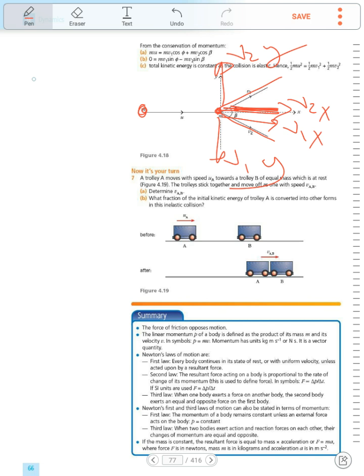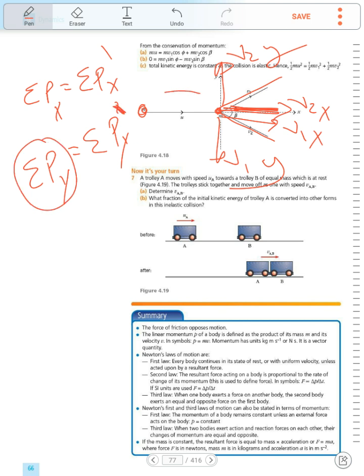And we have to use the relation: summation of momentum on the x-axis before collision equals summation of momentum on the x-axis after collision, and summation of momentum on the y-axis before collision equals summation of momentum on the y-axis after collision. Okay, you can see here we have no momentum on the y-axis before collision, so 0 equals m1 v1 after collision on the y-axis plus m2 multiplied by v2 after collision on the y-axis.